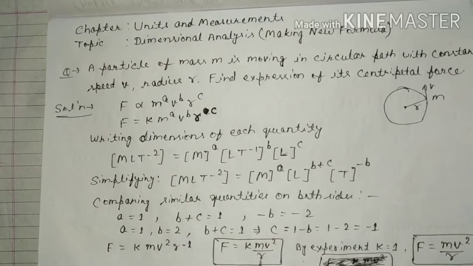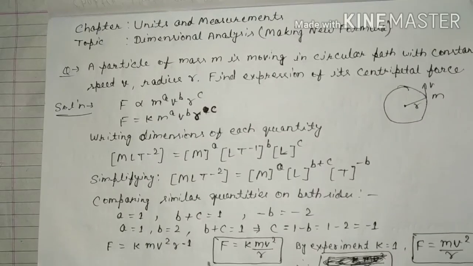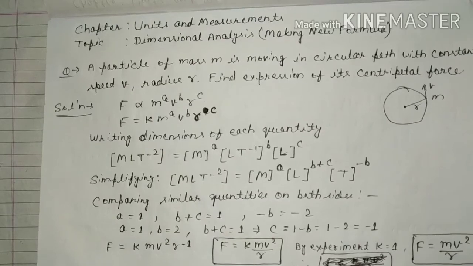So F equal to k m v squared r^-1, and we can write this as upon r. So we got the formula of centripetal force: F equal to k m v squared upon r.